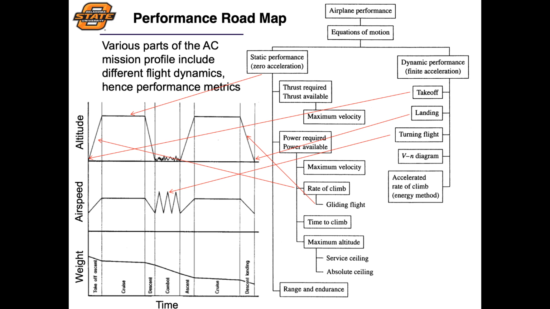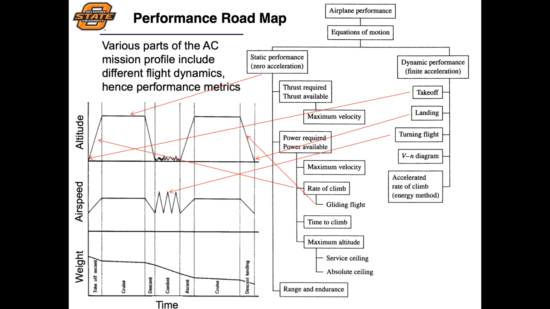So we'll use both our level and steady and our unsteady performance calculations to be able to essentially predict how well this aircraft is going to perform in terms of its altitude as a function of time, airspeed as a function of time, and then weight in terms of how much fuel is required to perform each one of these phases of its mission.